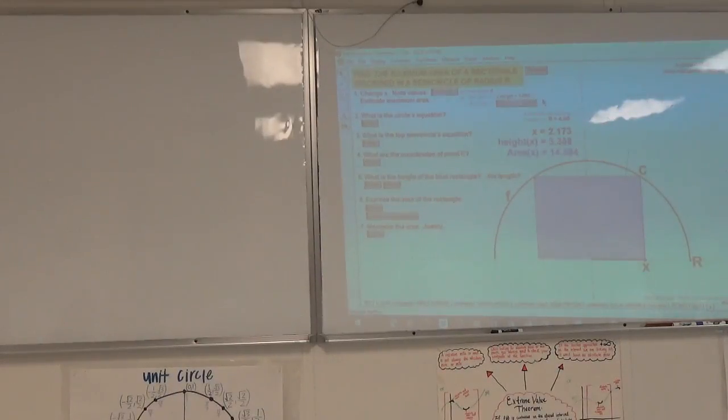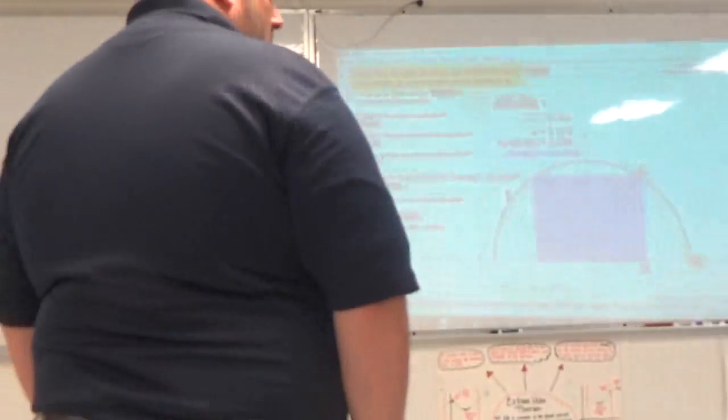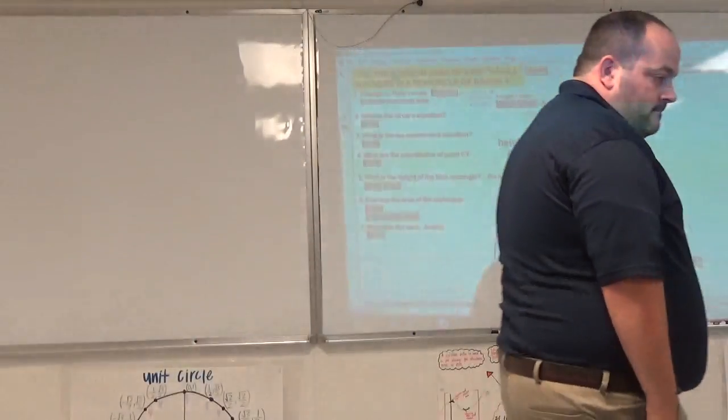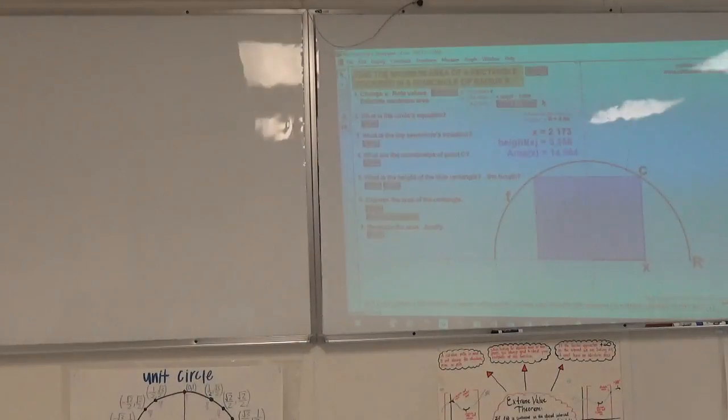Wait, square. No, it's not just two. Wait, because if it's 4, I think you need to put this in. Area. Are we talking about circumference? Like, 4. Well, 4 negatives, so it'd be 0 or something. That was a dumb start. It gives you the equation.